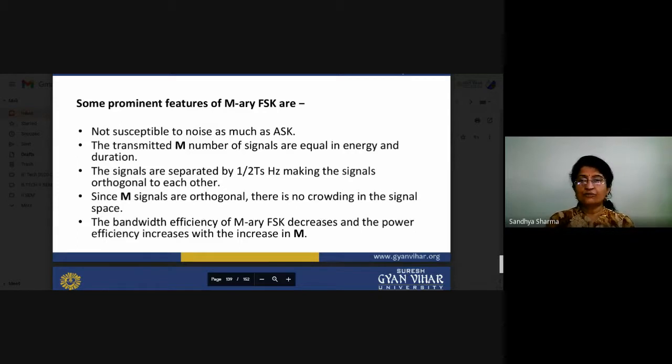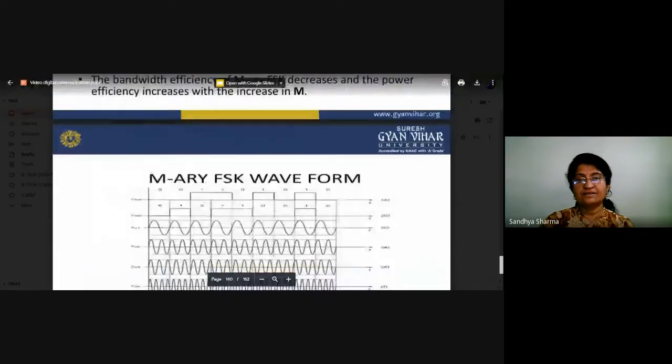M signals are orthogonal, so there is no crowding in the signals. Bandwidth efficiency of M-array FSK decreases as we increase the number of symbols. Our bandwidth requirement will also increase, so that is not good where we need to save bandwidth.